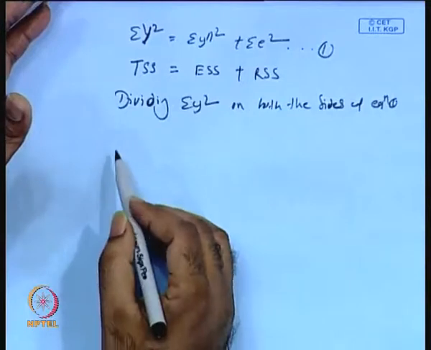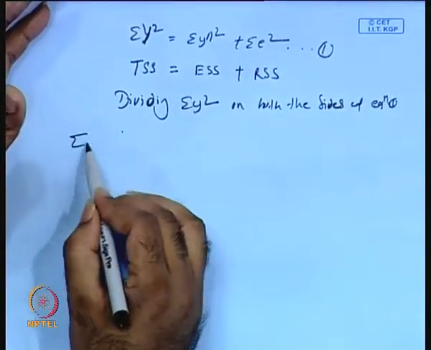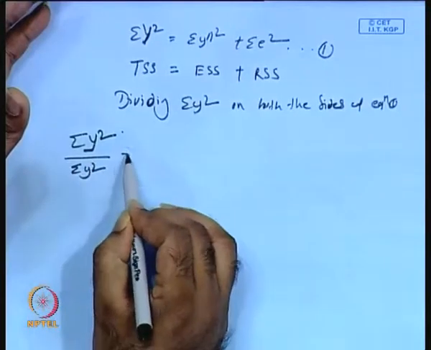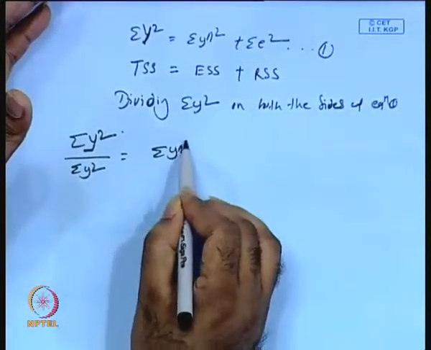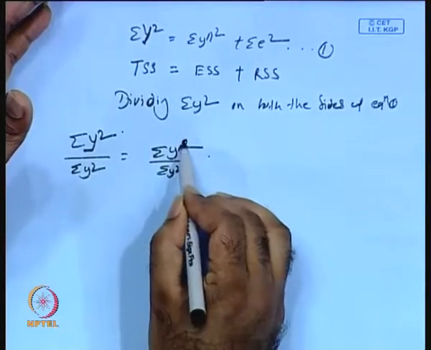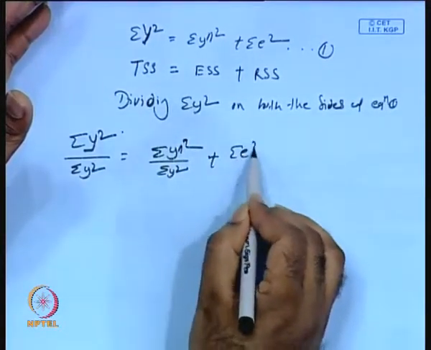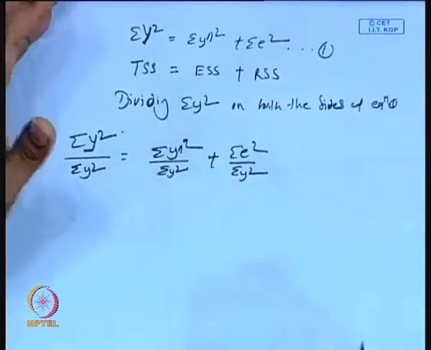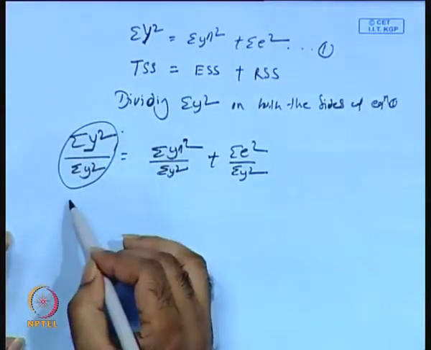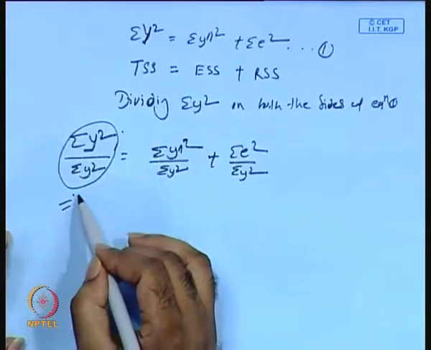Then you see here, summation y squared divided by summation y squared is equal to summation y hat squared by summation y squared plus summation e squared by summation y squared. Now this particular term is exactly equal to 1.